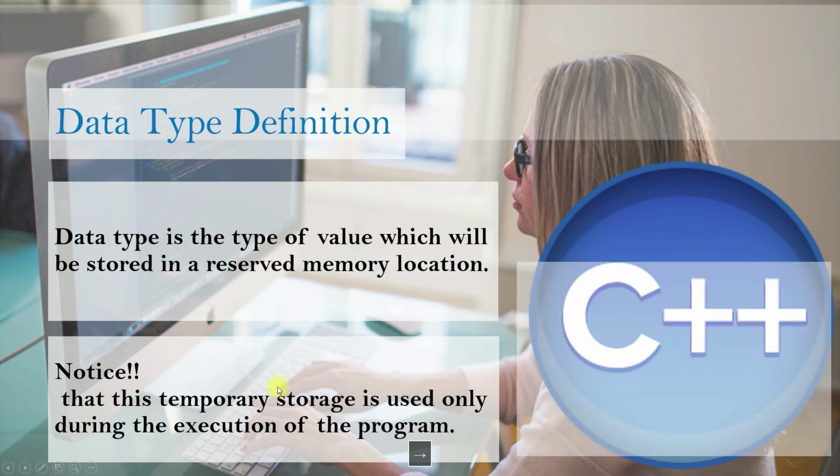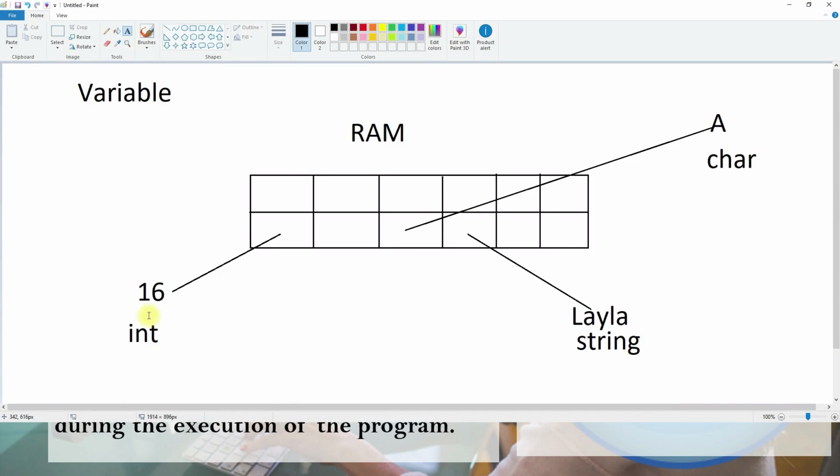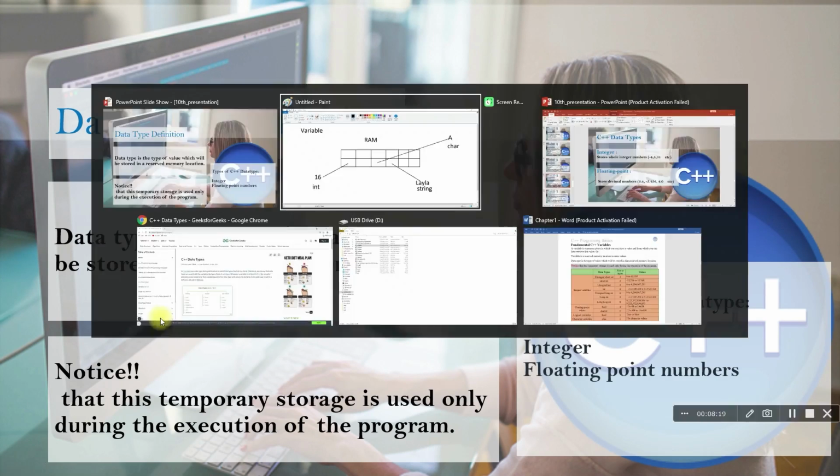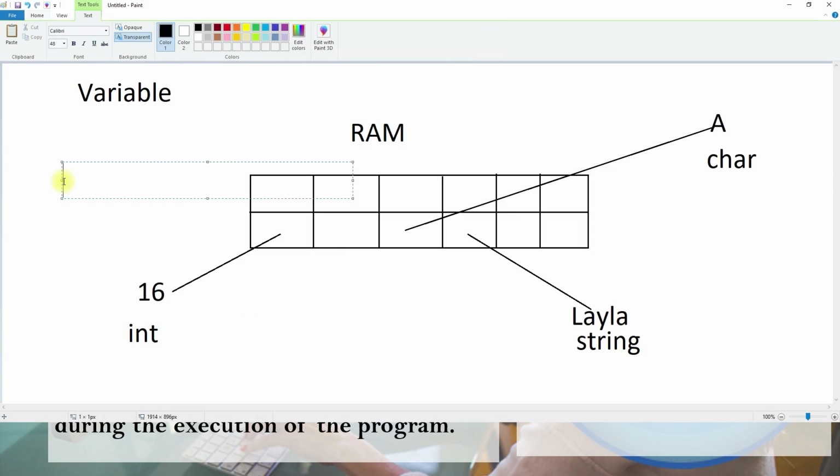So let's go to the different types of data type in C++. The first type was integer, as you could see in here. This is the example. The second one is what? Floating point number. This is an integer number because this is 12. 12 is an integer number because we don't have any other number after this dot.